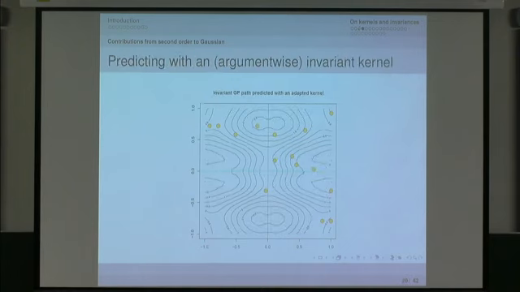This is the true function. This is the conditional expectation. See that here with this small number of points, I have almost perfectly reconstructed the function. Of course, I know a lot. I know the points, and I know a four-element group that leaves my function invariant.